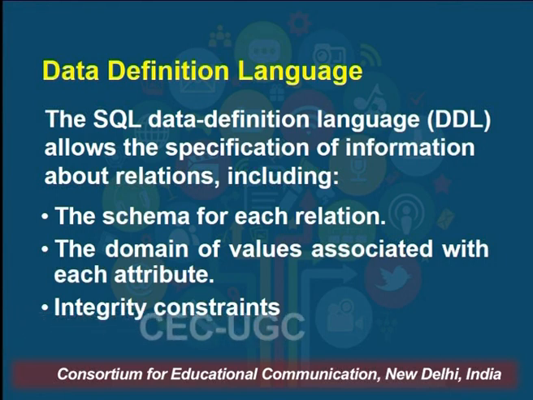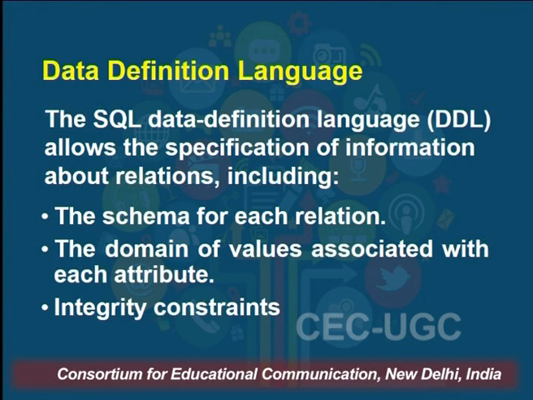For example, we have roll number. Roll number should essentially be from the domain integer. That can be defined, and apart from that also the integrity constraints. So, how the schema has to be defined, what kind of domain values are associated with each attribute, and what all will be the integrity constraints in order to maintain the integrity of the data.